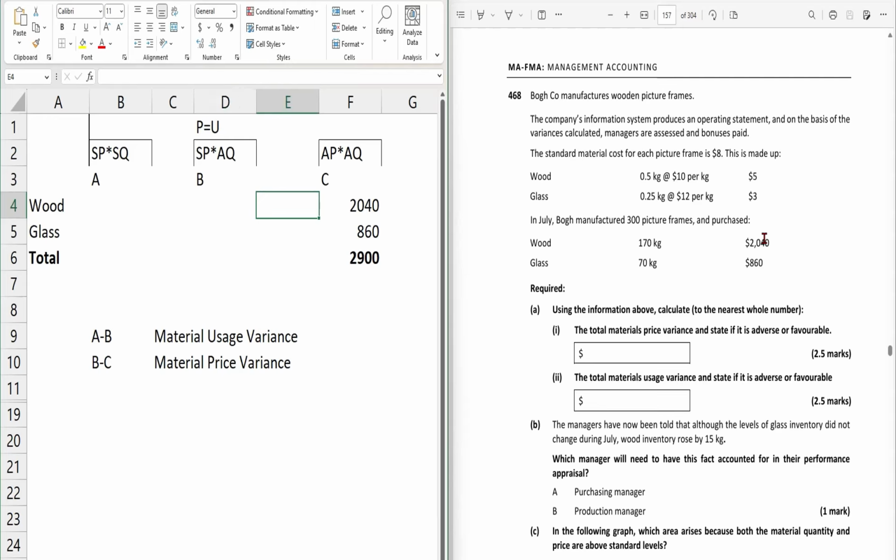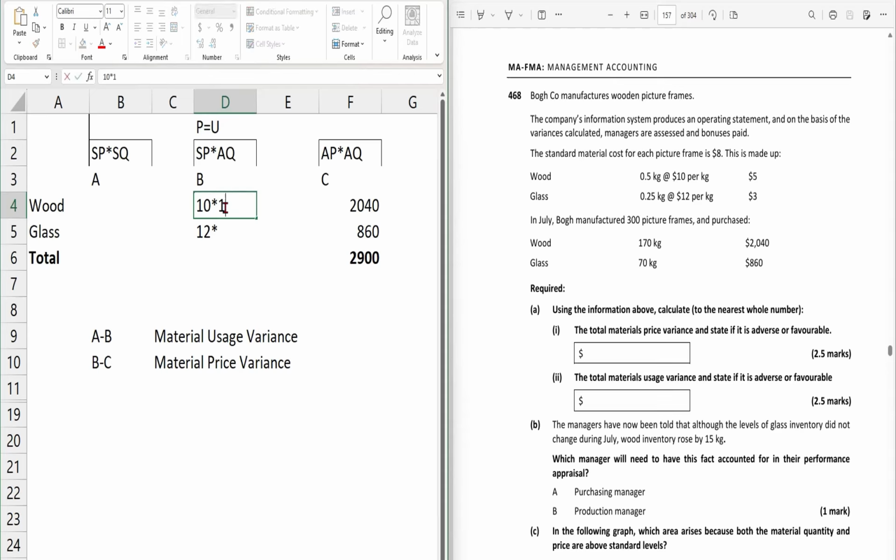Now SP into AQ. SP means your standard cost per kg, which is given as 10 and 12. So 10 and 12. Okay, and AQ means actual quantity used. So the actual quantity used is 170.